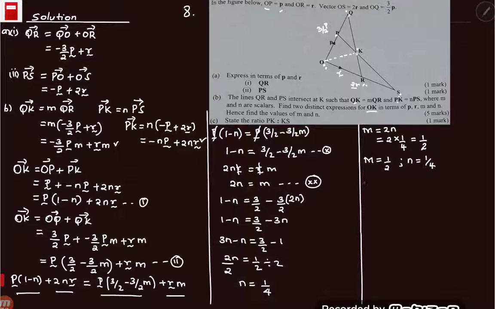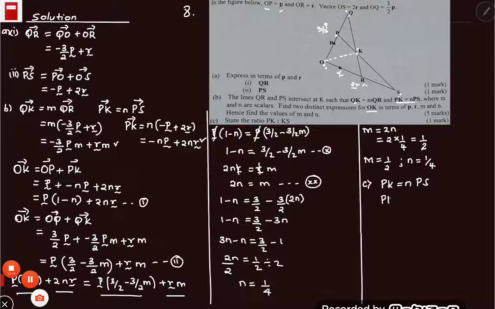Now part C. We are required to state the ratio PK is to KS. We have this statement here, PK is equal to NPS.